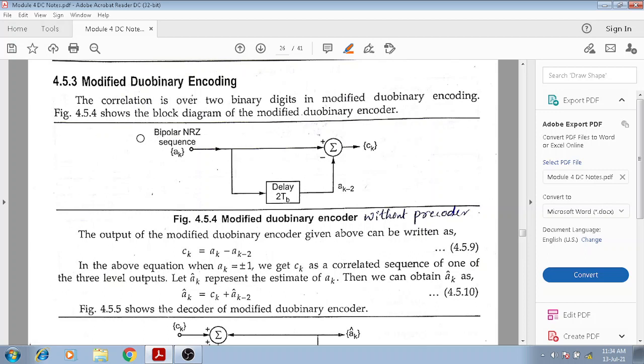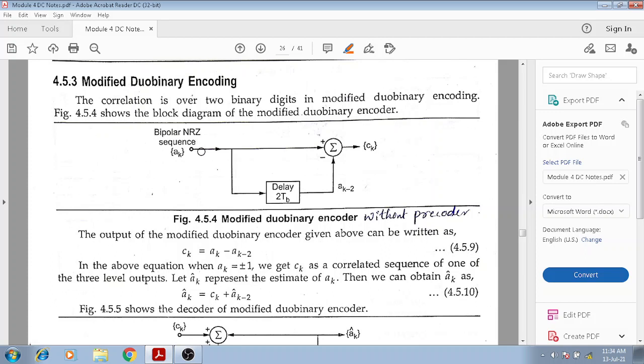The incoming data sequence bk is directly given to the level shifter or the bipolar NRZ encoder. Either you can use a level shifter or you can use the bipolar NRZ format. Both will transform the binary data sequence of ones and zeros into the two level sequence +1 and -1.